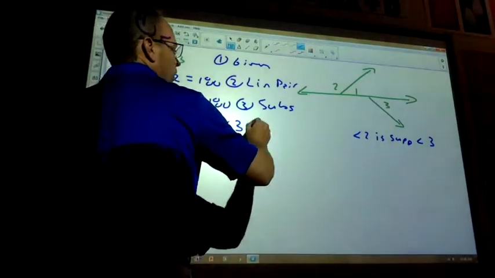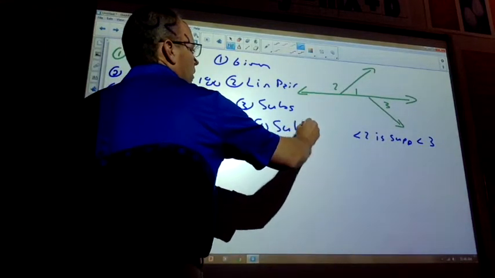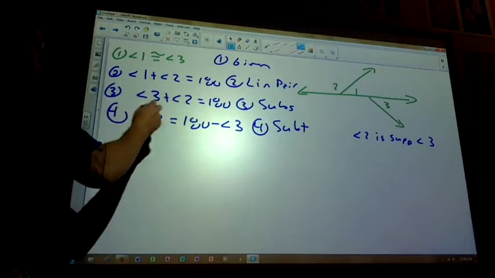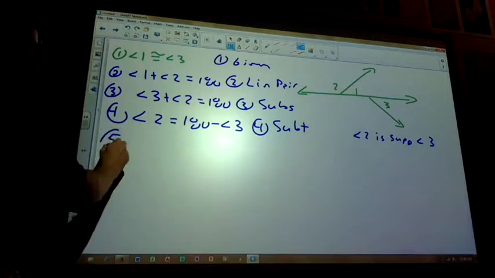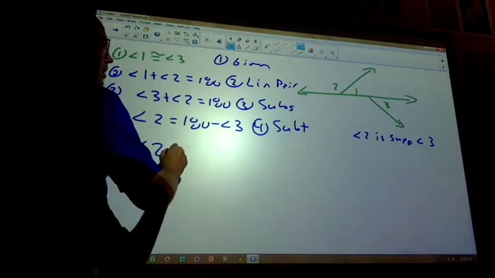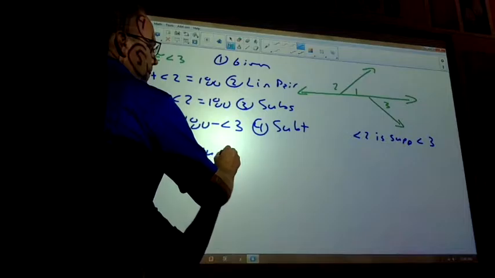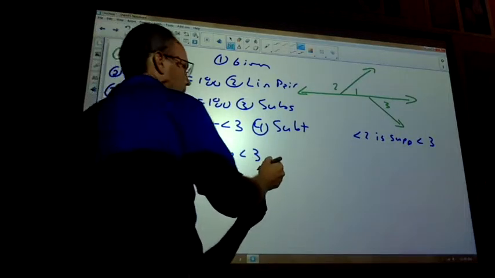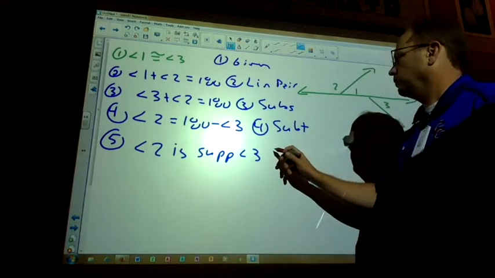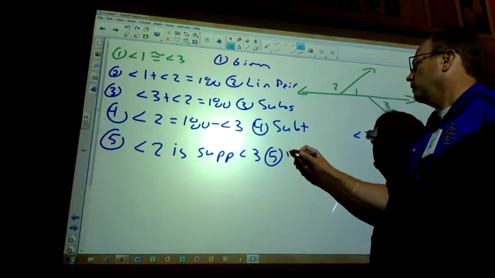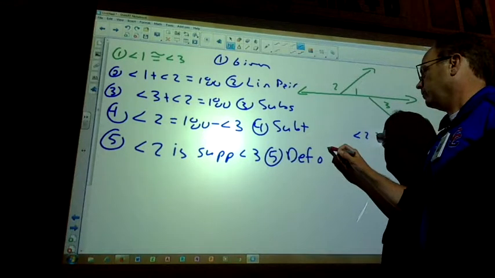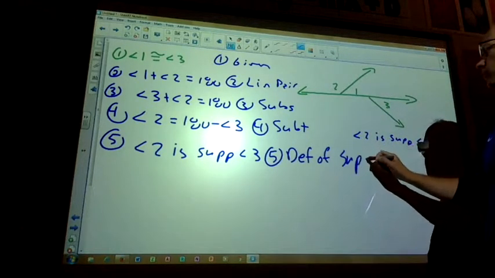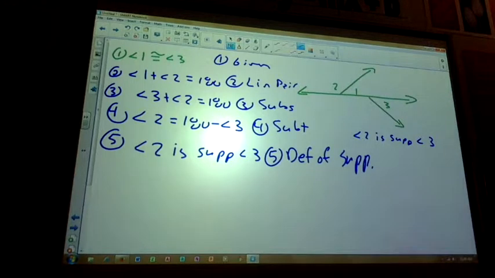Because of subtraction. And then that's going to allow me, from last chapter, to state this. Done. Yes, I got one done in less than 10 steps.